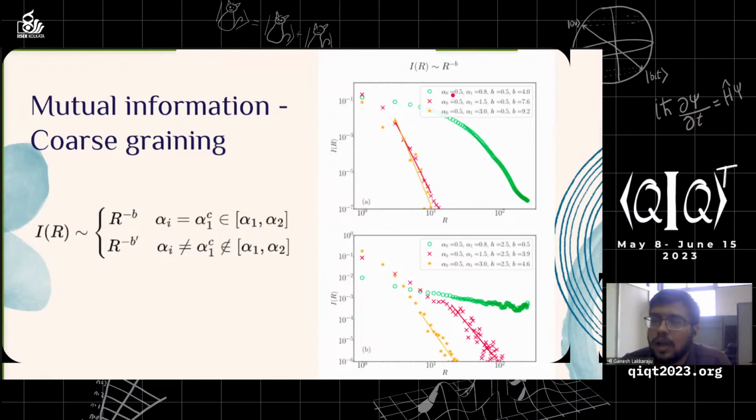Now, the final result is that mutual information follows different fall-off rates. If I quench from 0.5 to 0.8, that is in the same phase, it follows a very small fall-off rate. That is, it is quite stable. On the other hand, as you cross the first transition point, 0.5 to 1.5 and 0.5 to 3, it behaves like this.